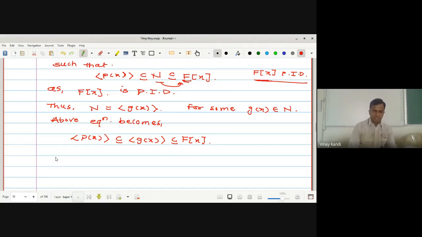Okay, now look here. As p of x, that polynomial p of x belongs to the ideal generated by p of x. Okay, and what is this one? The ideal generated by p of x is contained in what? The ideal generated by g of x.